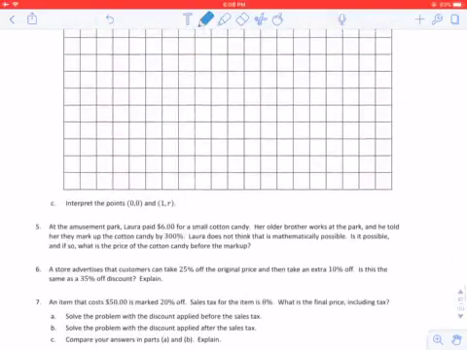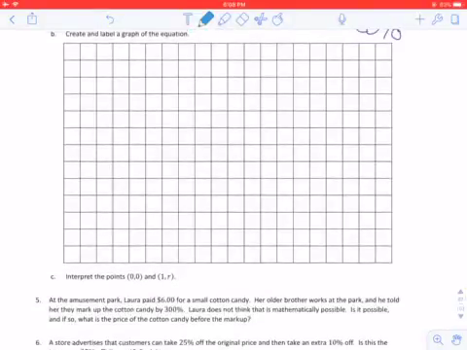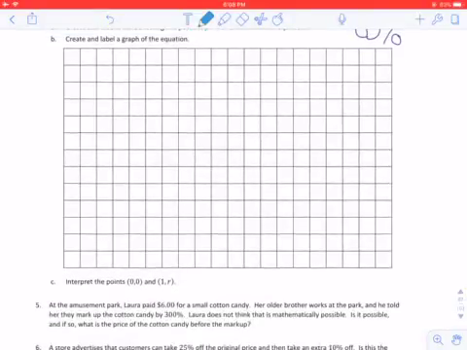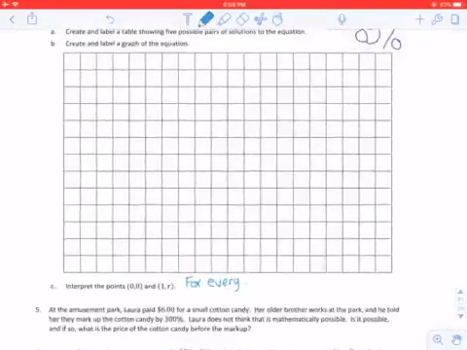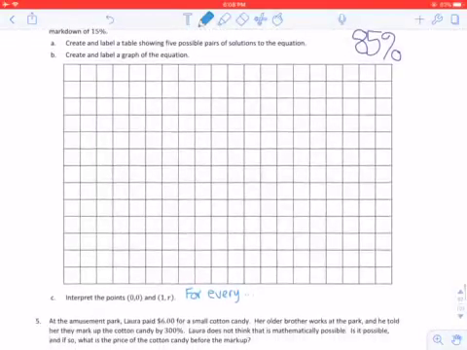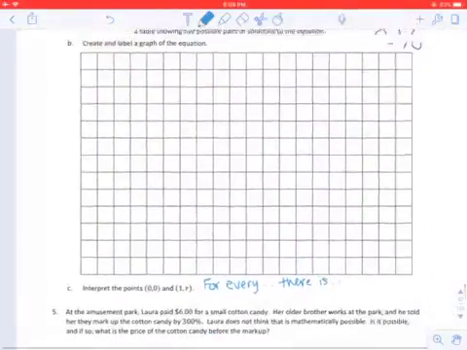It asks you to interpret the point (0, 0) and (1, r). They changed their variable from 1 to R, but basically it's those sentences that start with for every... So for every $100 in original price, there is... and then I'd say $85 in sale price.